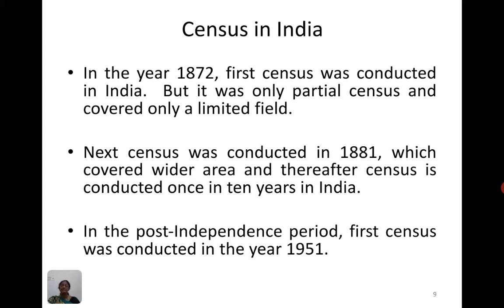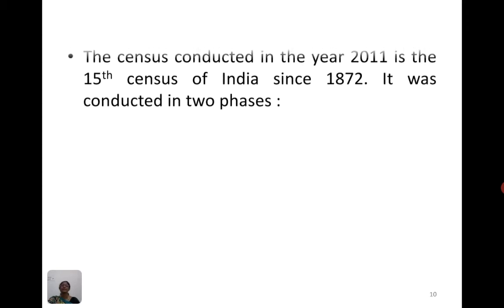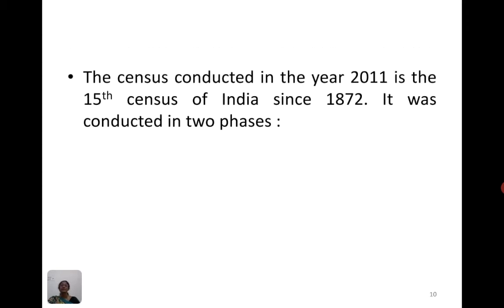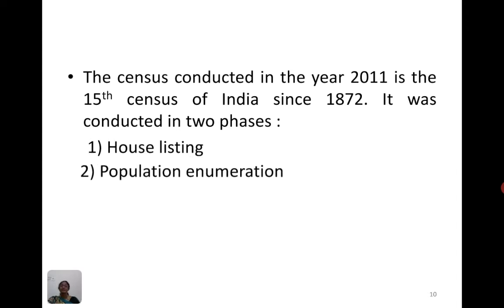It was in 1951 the first census was conducted after India gained independence. The census which was conducted in the year 2011 is the 15th census of India since 1872, and it was conducted in 2 phases. First one is house listing and second one is population enumeration.